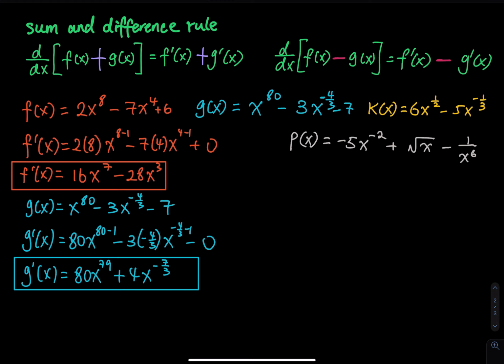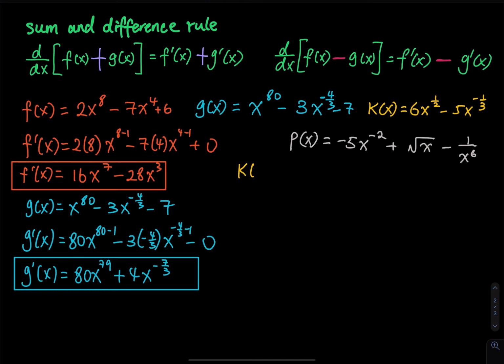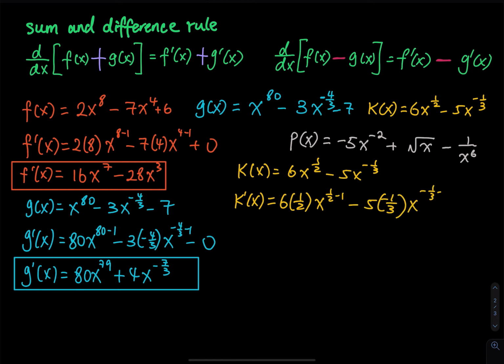All right. The next one, k of x. So k of x is 6x to the 1/2 minus 5x to the negative 1/3. You can just add a constant to it. That doesn't change anything because when you take the derivative, the constant value is equal to 0. So k prime, let's show work. 6, bring the power down, x to the 1/2 minus 1, and then 5, bring the power down, and then x to the negative 1/3 minus 1.